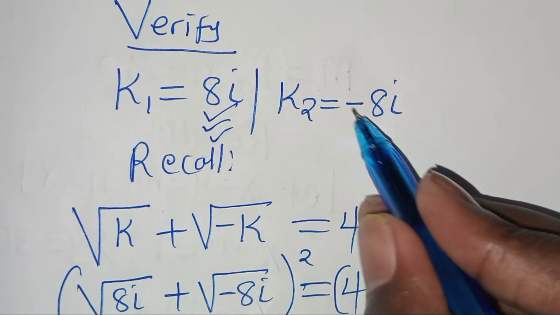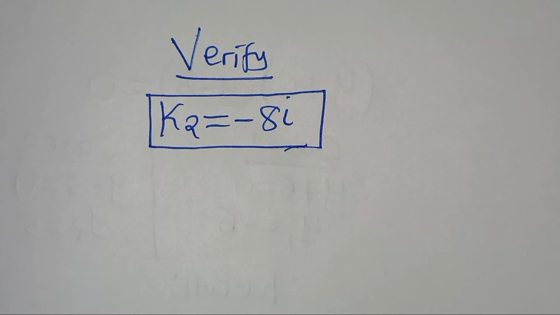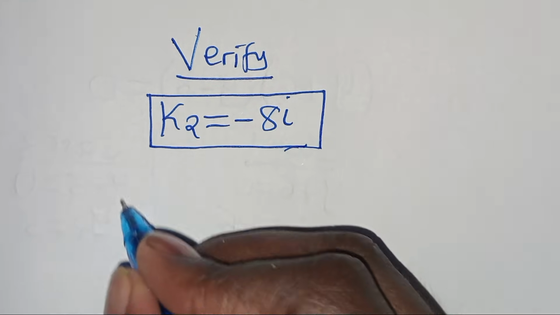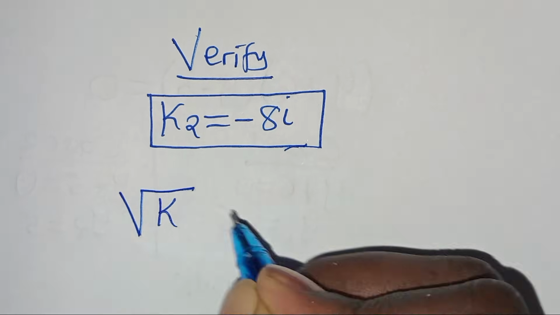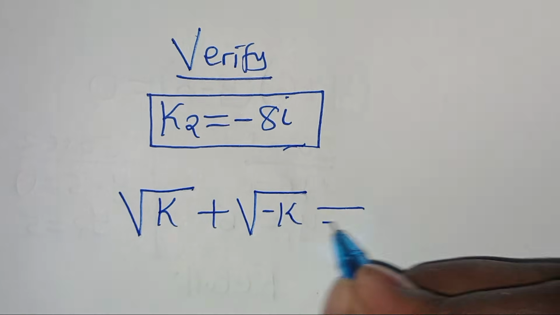Let's check k2, which is -8i. Now we have the square root of k plus the square root of -k, which is equal to 4.